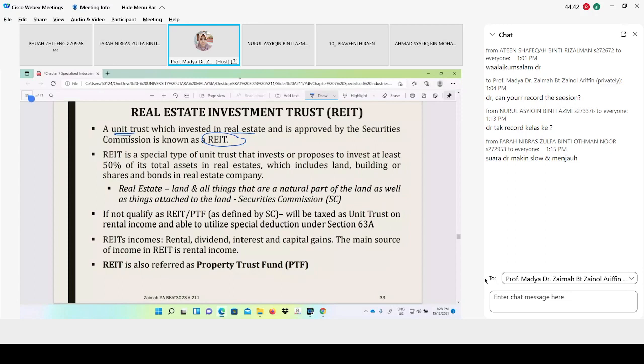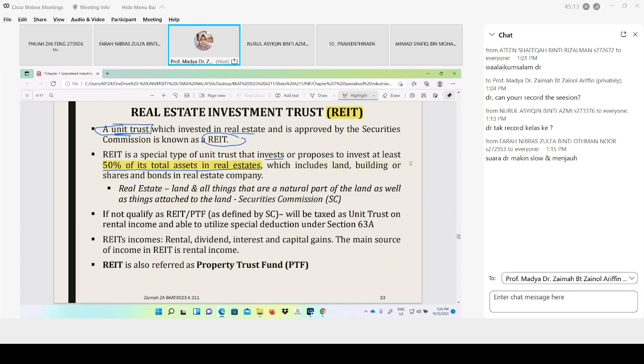What makes it different from a unit trust is that 50% of the total asset is invested in real estate.